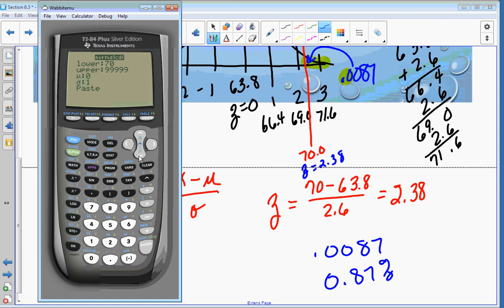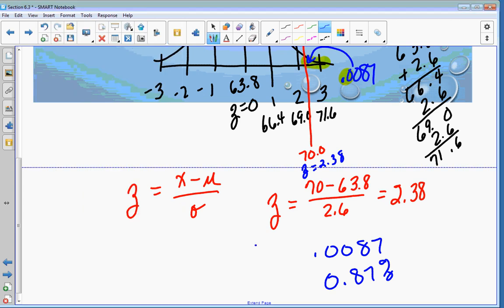I'm going to leave my upper, and I'm going to put the mean in as being 63.8 and my standard deviation of 2.6. And I'm going to get 0.0085. So very, very close, even when I put the actual numbers into the calculator for the mean and the standard deviation.